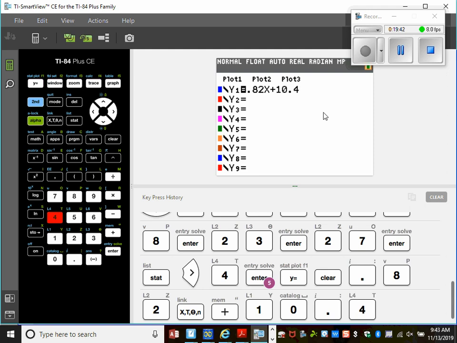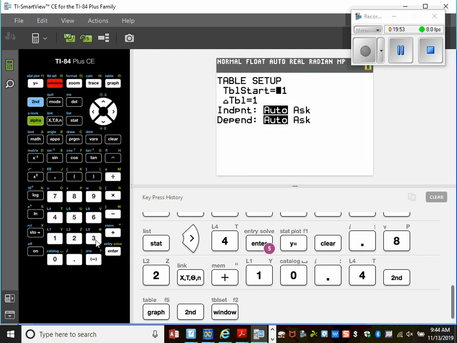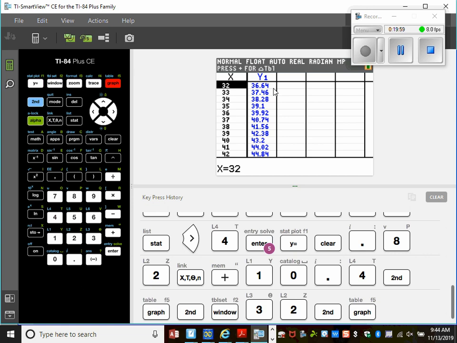Okay. And then once you do that, go to your table. Now, I don't want to scroll to 32, so I'm going to change my table. So I'm going to hit second window, put in 32. And then when I go back to second graph, 32 is at the top.